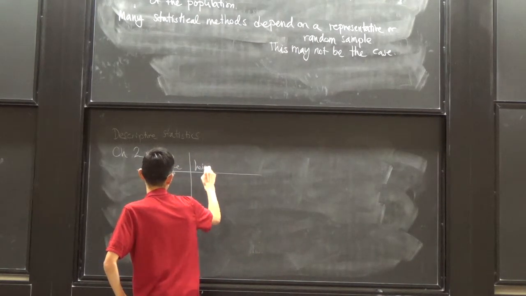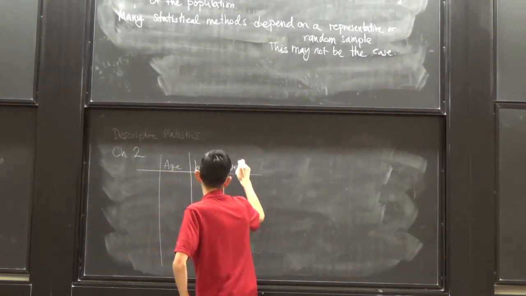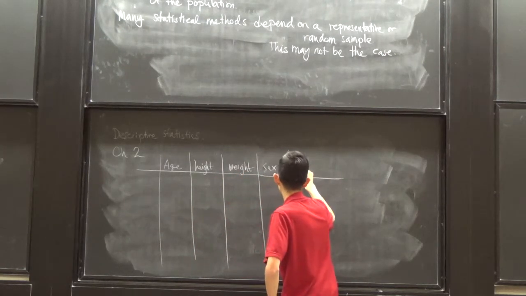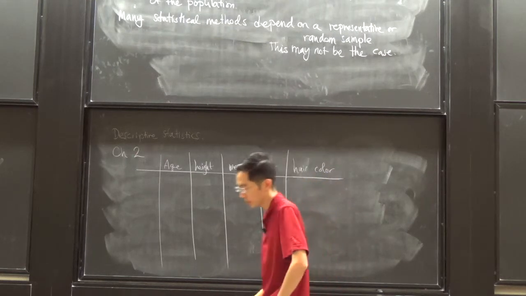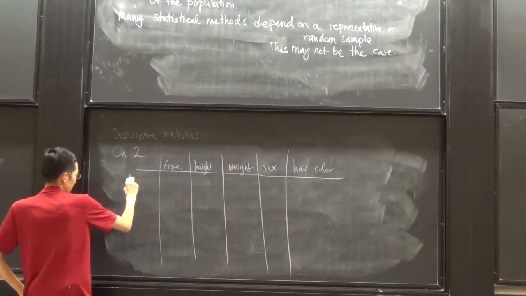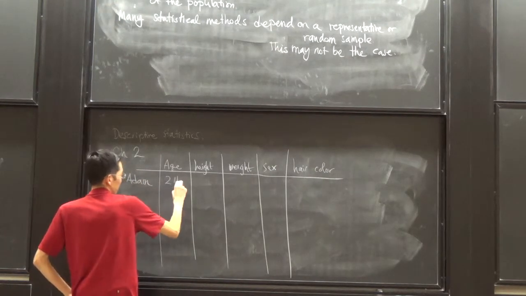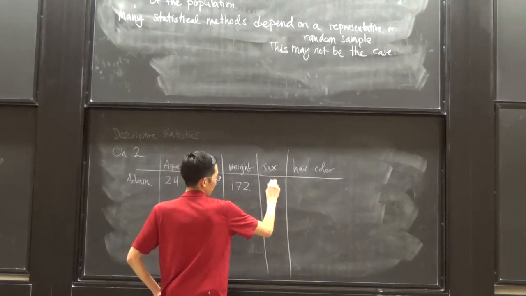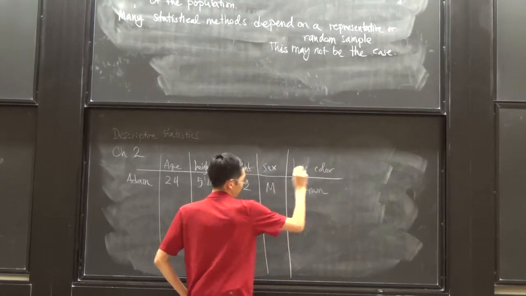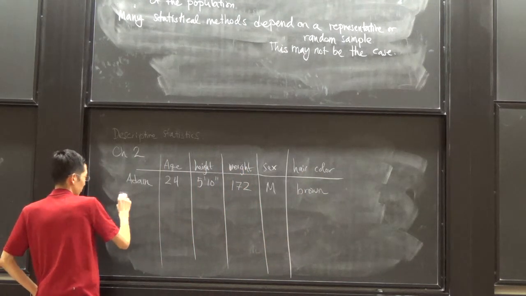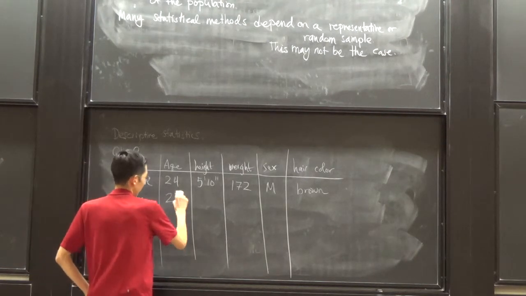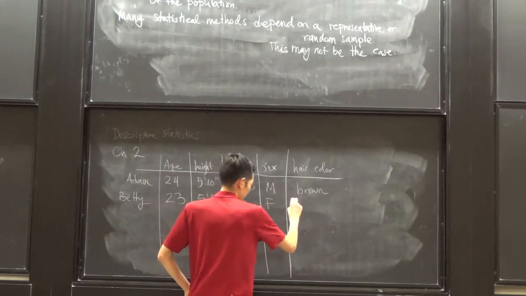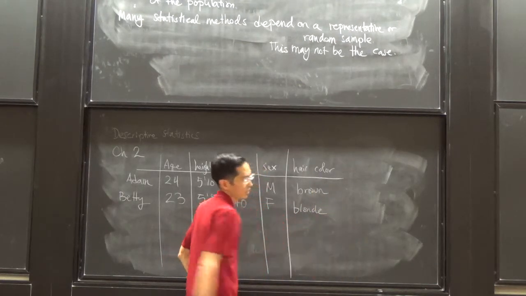Age, height, and so a data set might have something like this, okay? Alright, and so on and so forth.